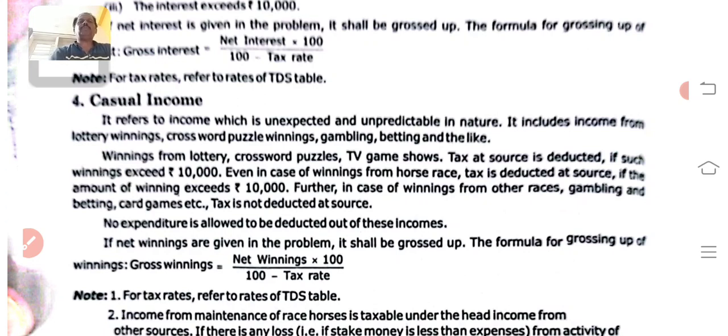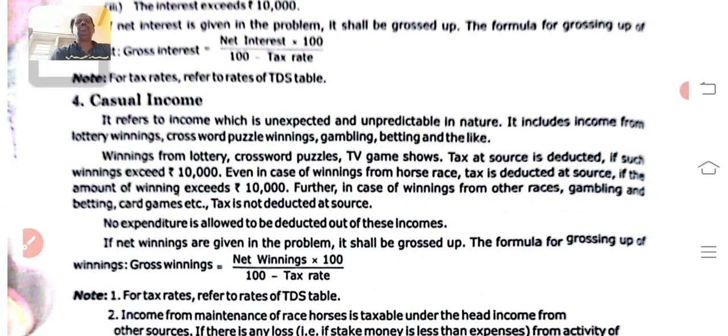So, for winnings from lottery, crossword puzzles, TV game shows, tax at source is deducted if such winnings exceed rupees 10,000. Even in case of winnings from horse race, tax is deducted at source if the amount of winnings exceeds 10,000.